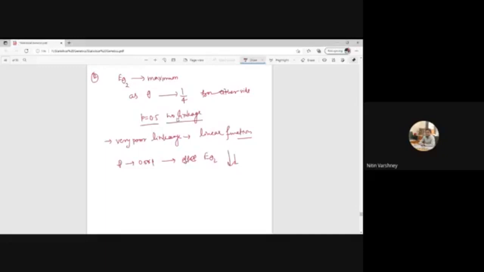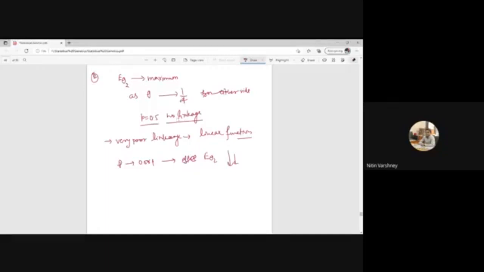Just a minute, a few more results. Suppose somebody asks which method is efficient when linkage is very poor? Then we will say that the linear function will be efficient.